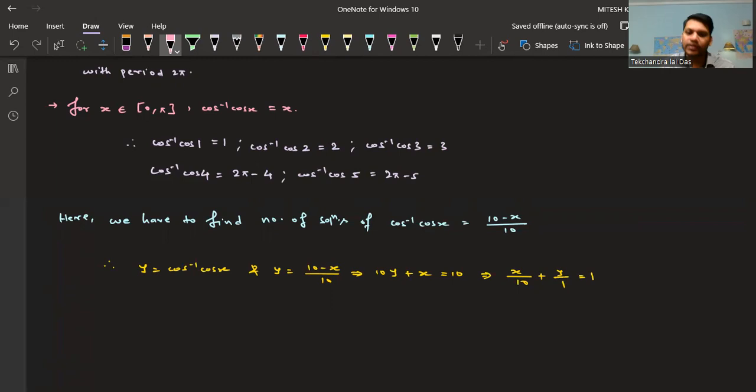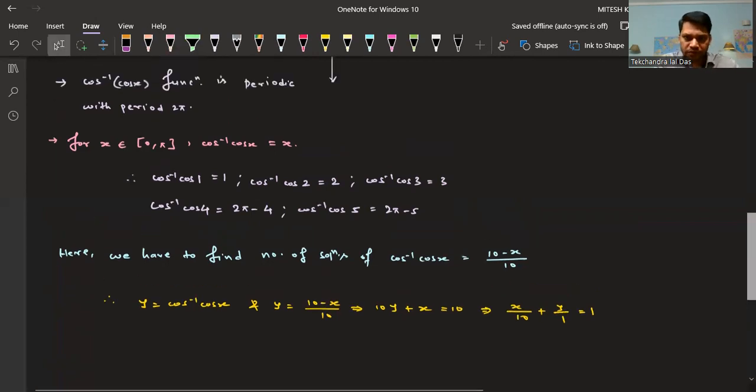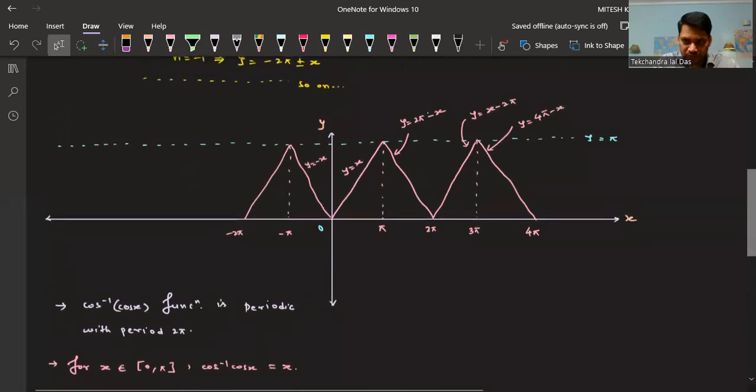You just have to mark 10 comma 0 on x-axis, and 0 comma 1 on y-axis. So we'll draw the graph of both. Already we have drawn the graph of this y equal to cos inverse cos x, so we'll copy that graph. Why draw it again? Why waste time? So let's copy this graph again.